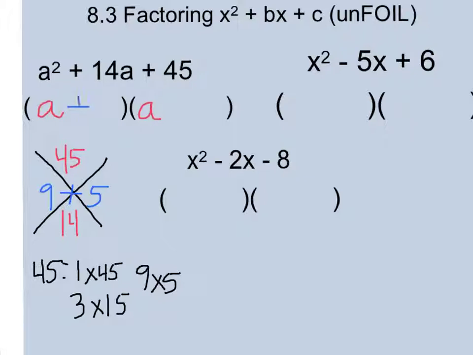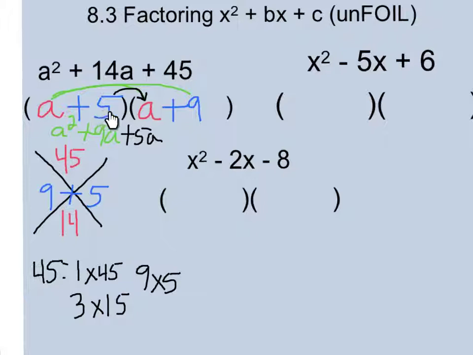So I'm going to write it right here. I'm going to say plus 5, and then plus 9. It does not matter which one I write first. Now I'm going to show you how if I multiply this out, I will get this trinomial. First, a multiplied to a is a squared. Next, a multiplied to 9 is 9a.